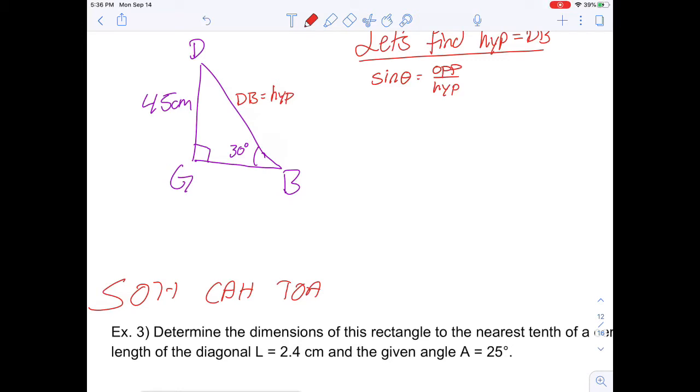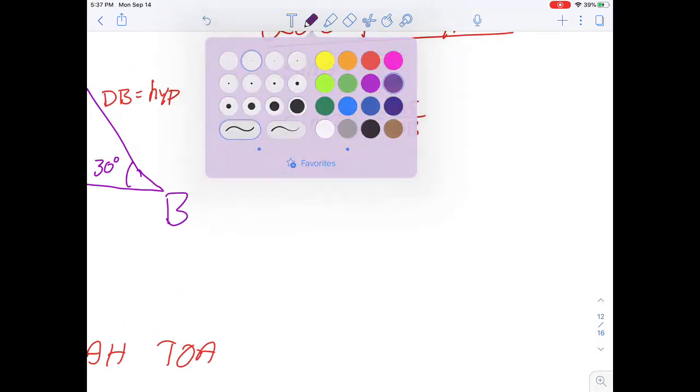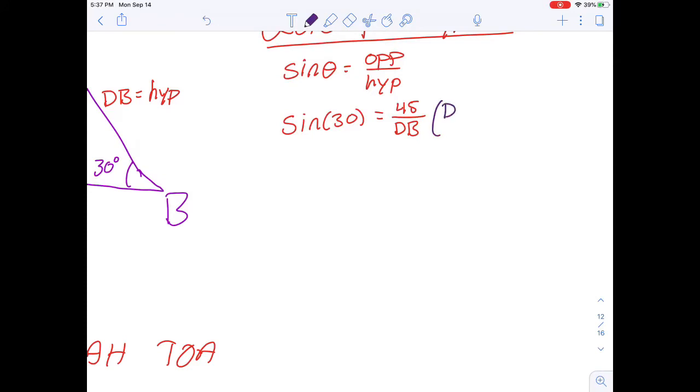Let's write in what we're given. So our angle in this case is 30. We know the opposite, which is 45. And we're trying to find the hypotenuse, which is DB. Now we can manipulate this. Remember, DB is on the bottom, so we're going to need to get it to the top. So let's multiply both sides by DB over 1.